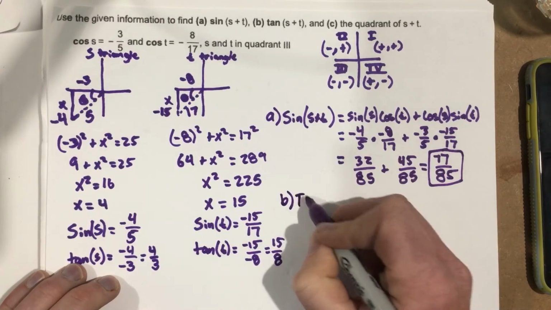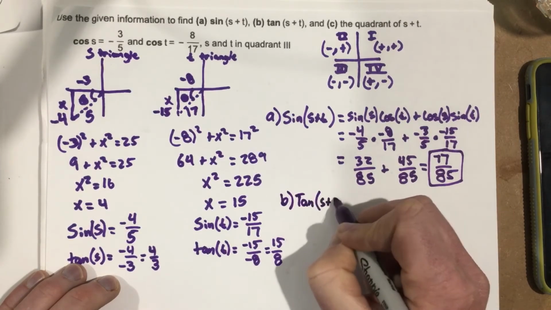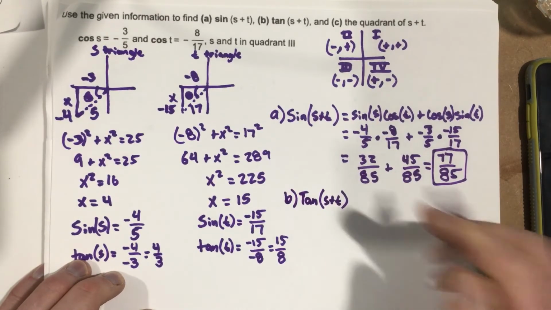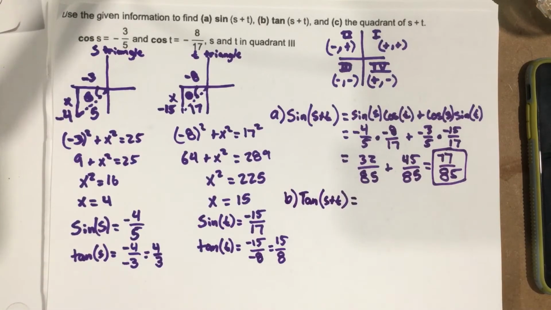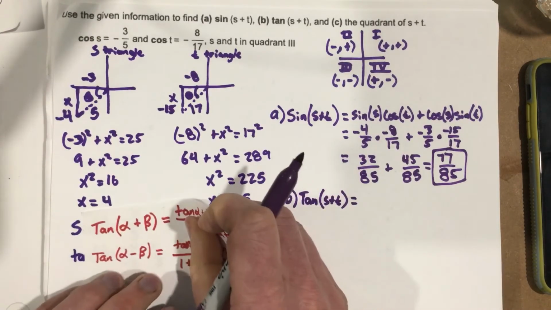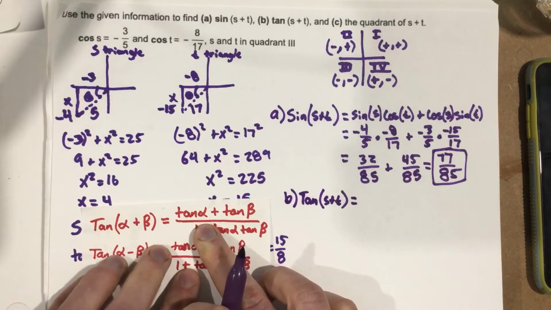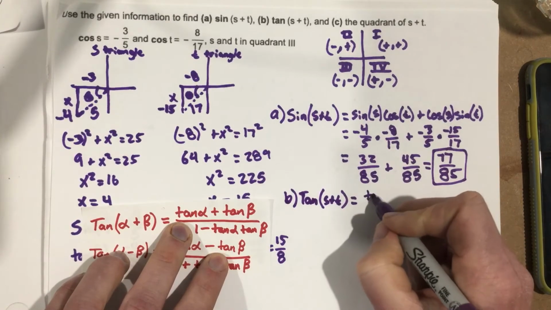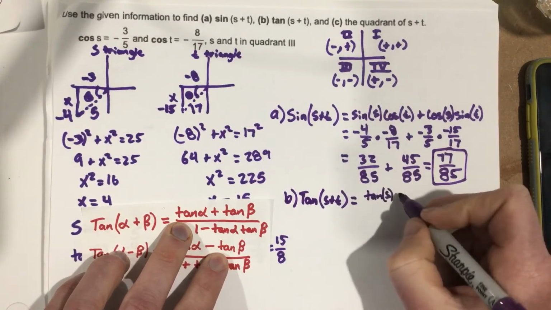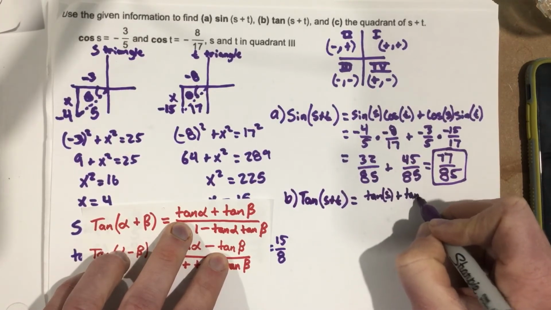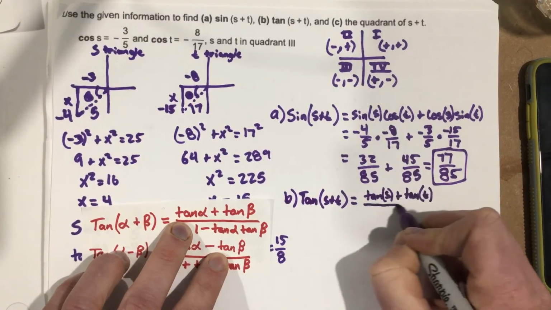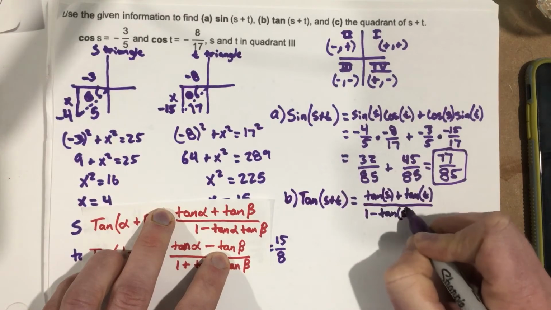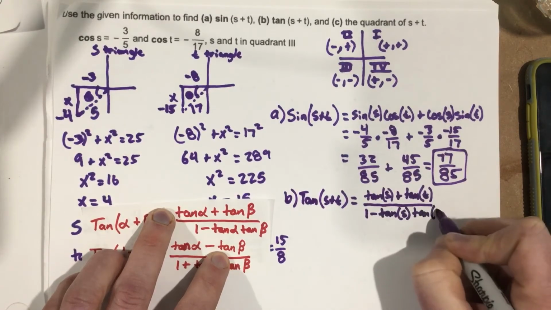They want us to do tan s plus t. So tan s plus t is going to equal, if we bring out the tangent formula, tan s plus tan t over 1 minus tan s tan t.